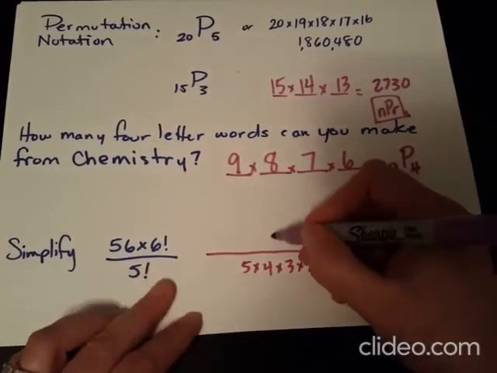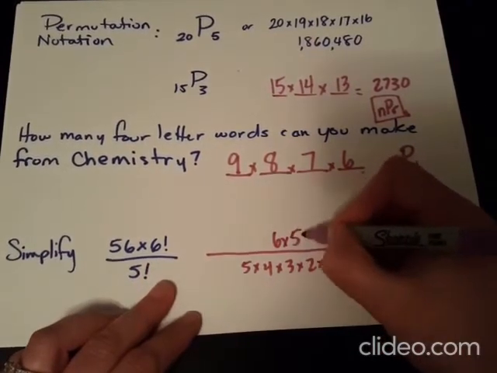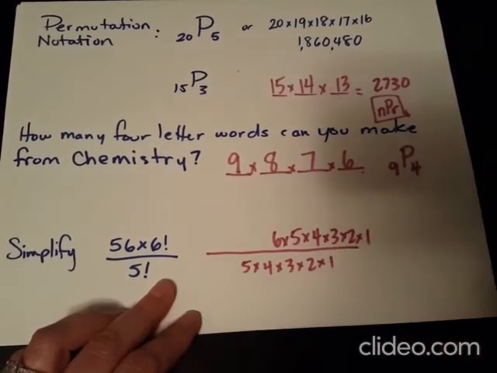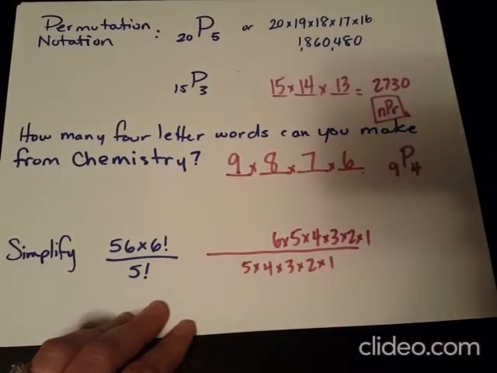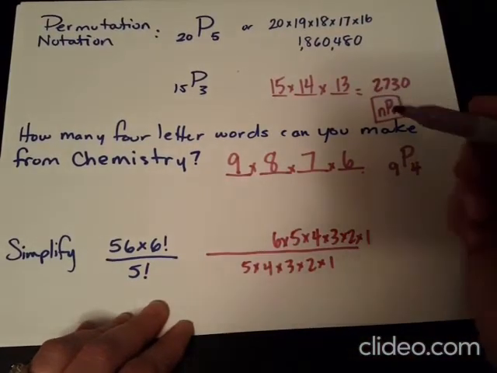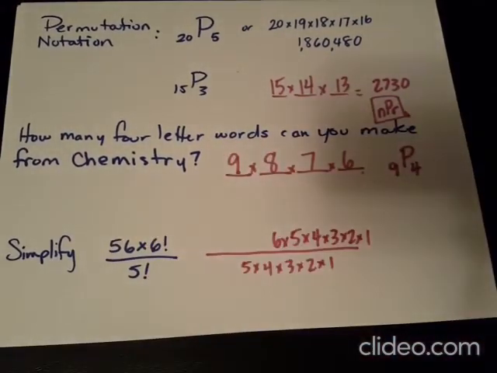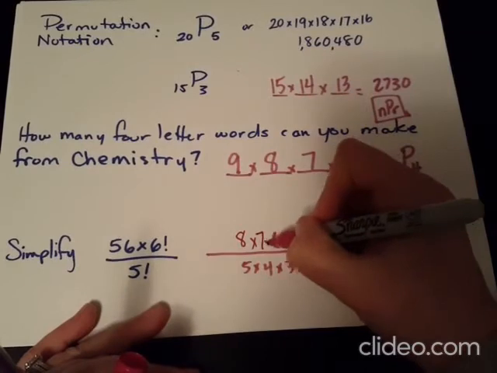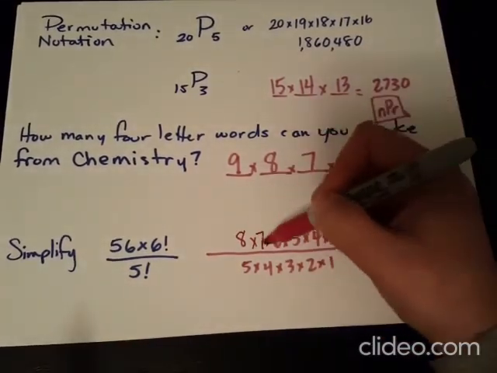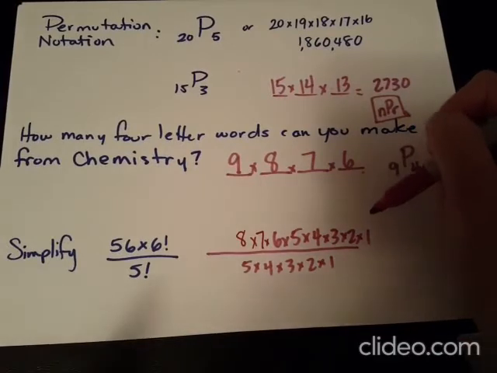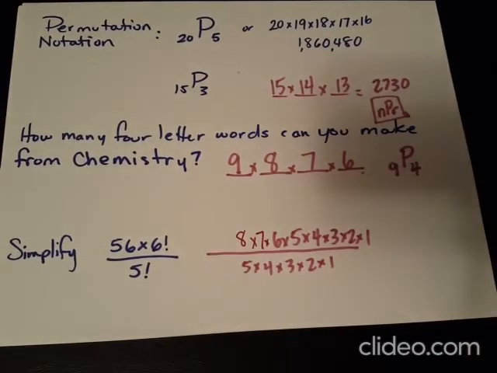Then the 6 factorial, and then 56 is kind of weird out front. What is that even doing there? But 56 is actually a little bit sneaky because it's like 8 times 7. So really, this is like the 8 factorial out front, which is kind of cool.